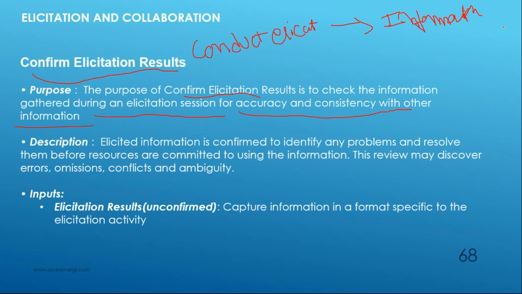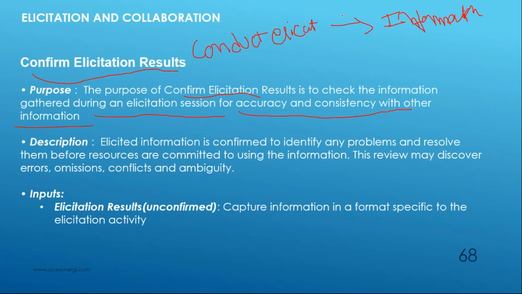Elicitation information is confirmed to identify any problems and resolve them before resources are committed to using the information. This review may discover errors, omissions, conflicts, and ambiguity. You might have collaborated with the stakeholders and performed elicitation, but there is still a chance that the information may be ambiguous, may have conflicting information given by different sets of stakeholders, or may have some missing information.